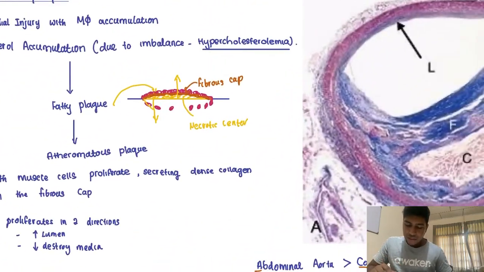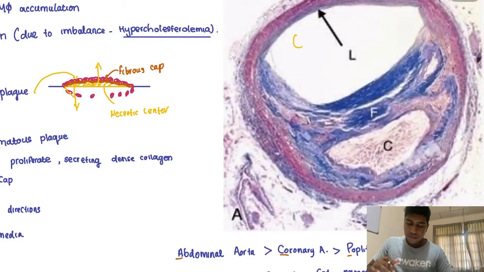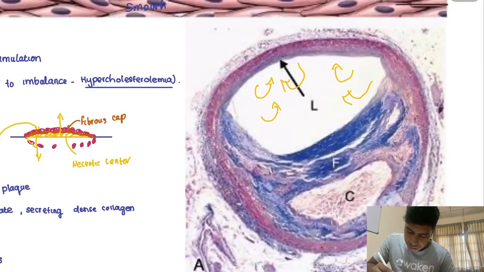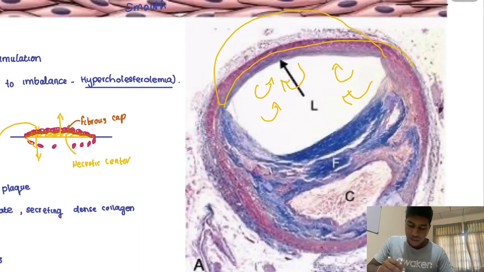So next, you have aneurysms. Now, as you understand, there's going to be turbulent blood flow here because of this plaque build-up. There's going to be turbulent blood flow, and the smooth muscles, the wall, is going to get weaker.